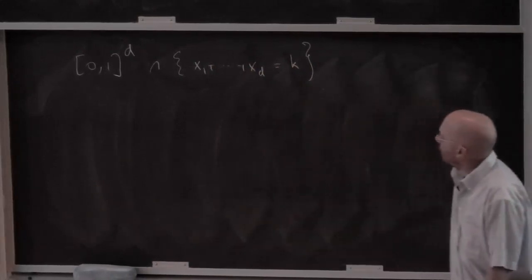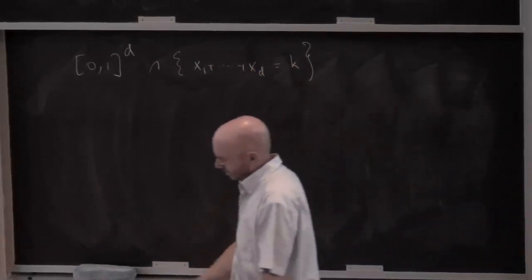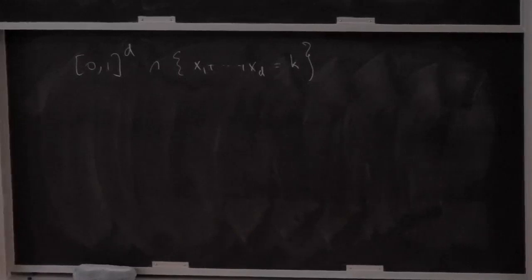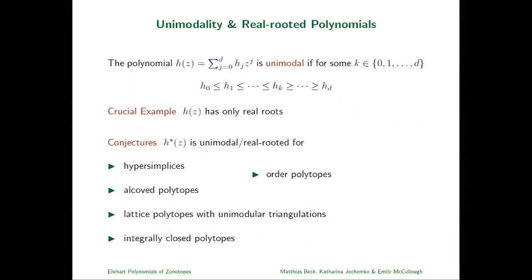So a hypersimplex comes with 2 parameters, k and d. D is dimension, and k is this animal over here. And if k is equal to 1, you just get a d minus 1 dimensional simplex. And that's why they're called hypersimplices.